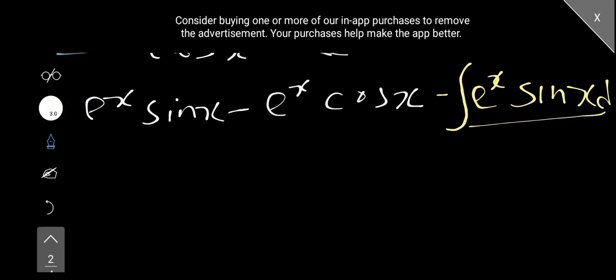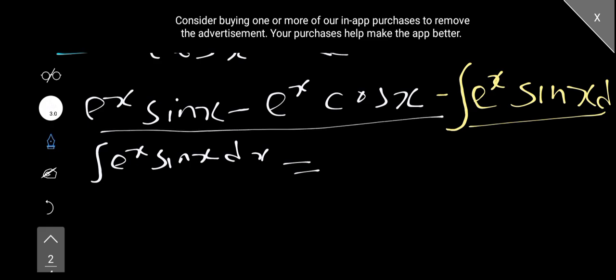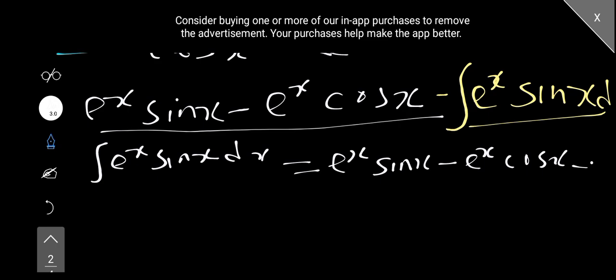The integral of e to the power x sine x dx in the question should give us e to the power x sine x minus e to the power x cos x, then minus this integral of e power x sine x.